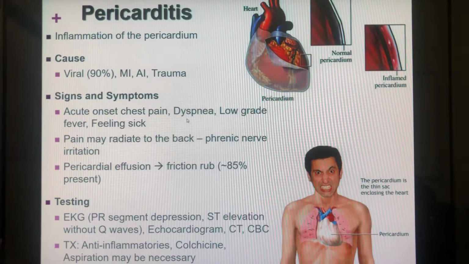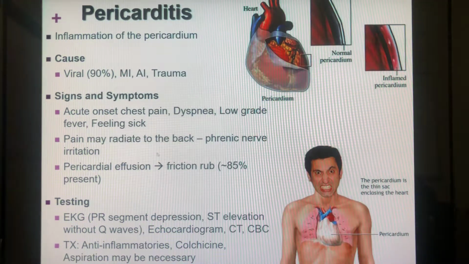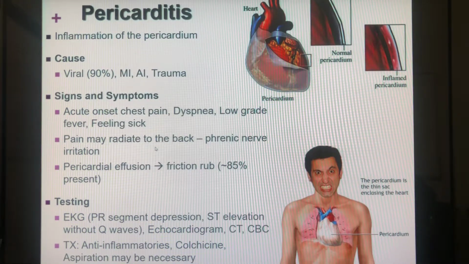Obviously, things like HIV, especially when it turns into AIDS, you don't have low-grade fevers, but as a general rule, stick with that. Okay, that phrenic nerve, go back to your nerves if you need to look that up, but the phrenic nerve can get irritated with this pericardial sac being inflamed and rubbing on that nerve, and that may radiate into your back. So that's another one of those referred pains that we talked about before. Okay, here's my little friction rub. Again, pericardio around the heart, effusion.